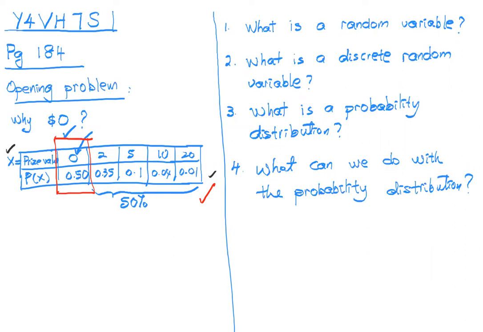After you have your representation, first you got a problem, you recognize your random variable, you know the difference between discrete and continuous random variable, now you build your probability distribution.